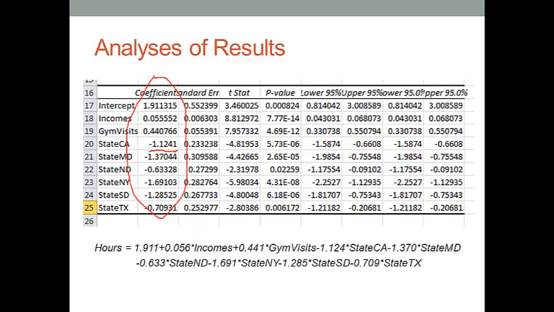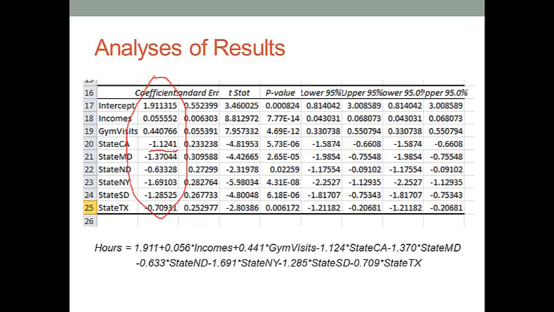Minus 1.124 times state CA, and then minus 1.370 times state MD. And so on and so forth, right?